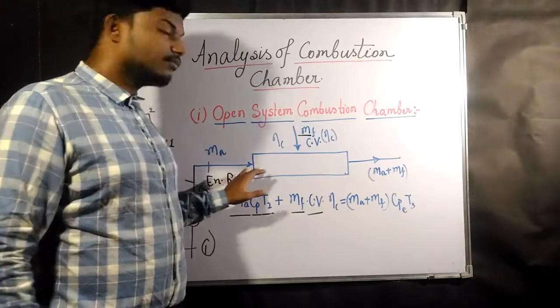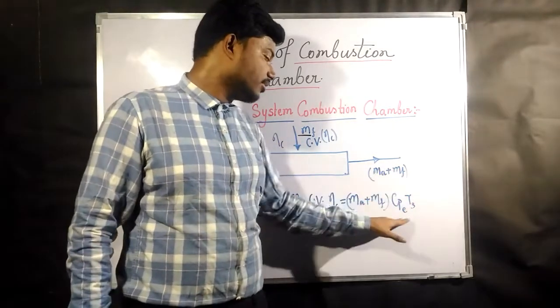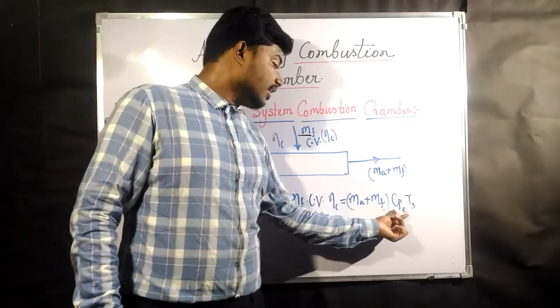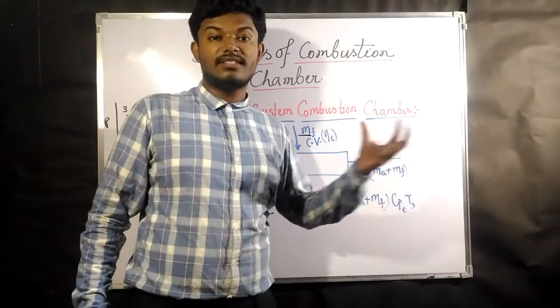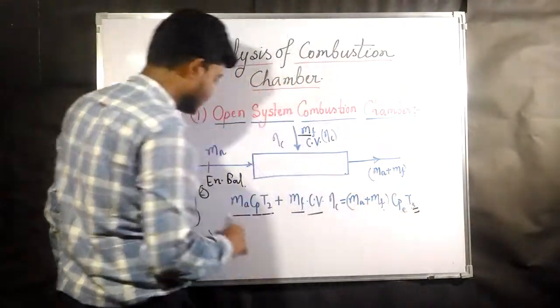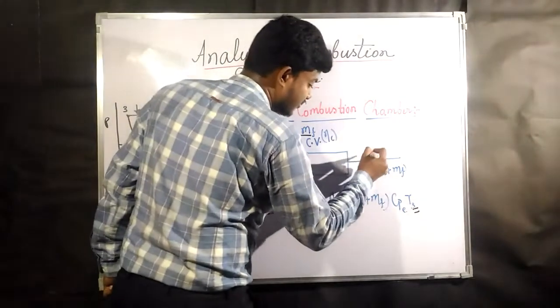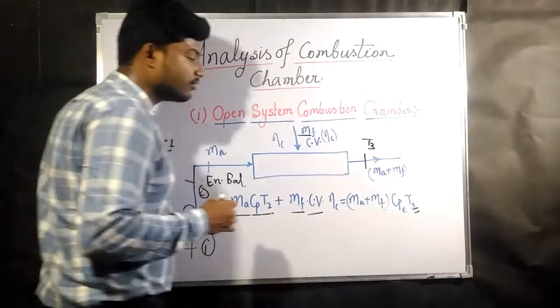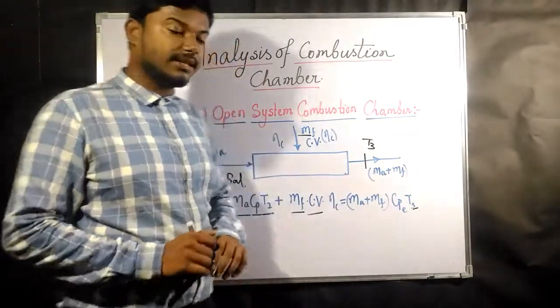One fluid was coming in, and after mixing, another fluid comes out. So the Cp is the Cp of the exit gas, and the temperature must be T3, because from 2 to 3 is heat addition. After the combustion is done, the temperature it attains is T3.